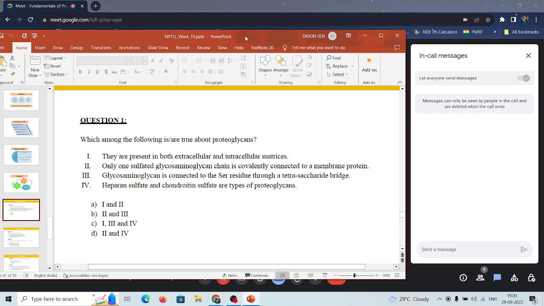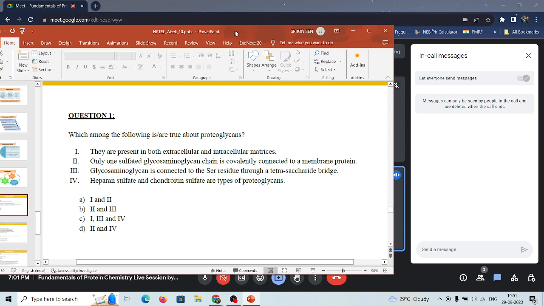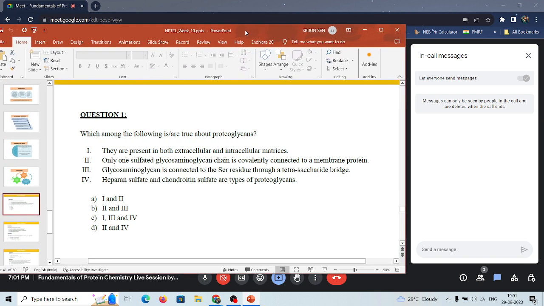Three, this glycosaminoglycan is connected to the serine residue through a tetrasaccharide bridge. Four, heparan sulfate and chondroitin sulfate are types of proteoglycans. So, which of the following do you think are correct? You can write in the chat box.